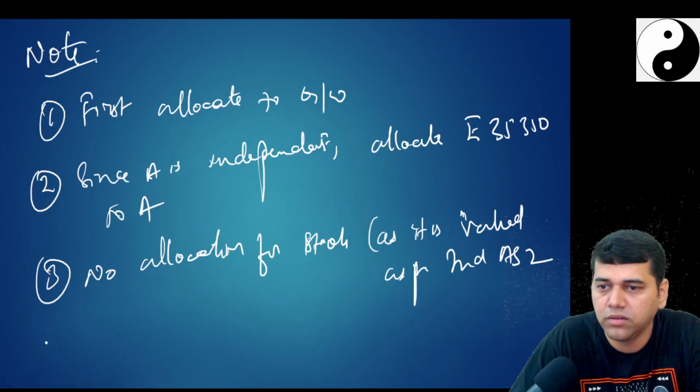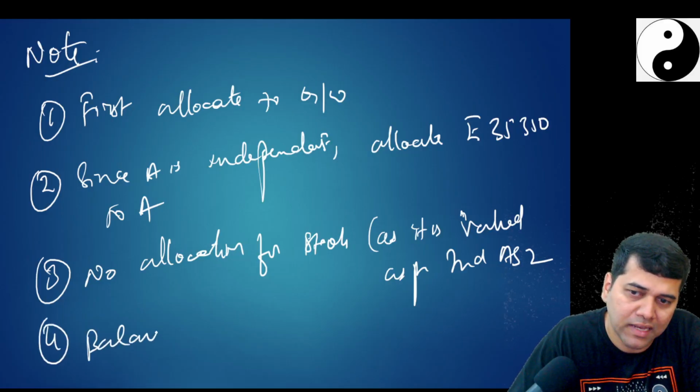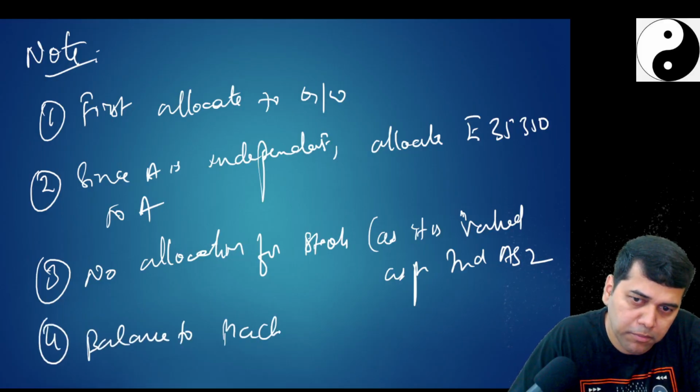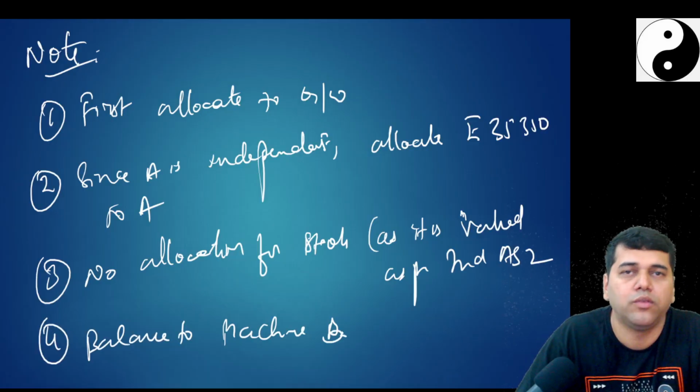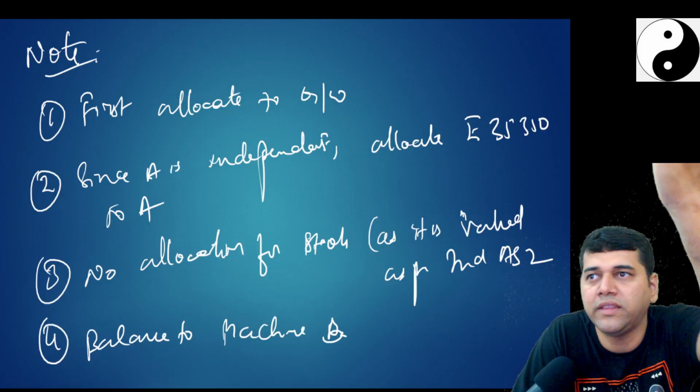And the fourth, balance to machine B. See, what you have explained here is what you have done there.